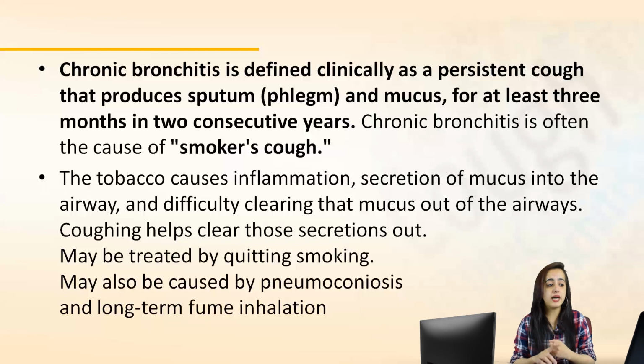Now, chronic bronchitis is also the most common cause of smoker's cough. So, if a patient is coming to us and saying that he has a history of long standing cough, which is productive, which happens at least 2 to 3 times in a year, and if he is also a smoker, we must consider chronic bronchitis as one of the possibilities.